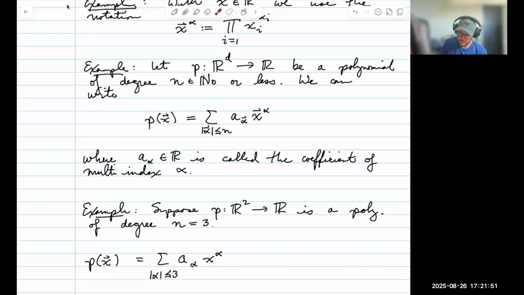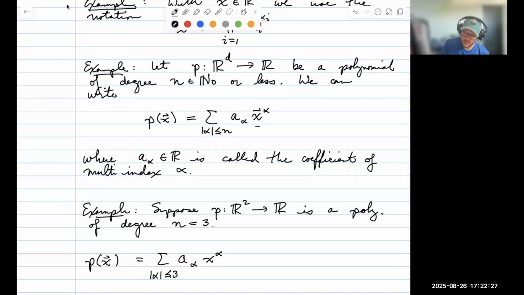So this polynomial can be expressed in a very quick way. It's a sum taken over all multi-indices with order less than or equal to n. That's how you read this: the sum over all multi-indices of order less than or equal to n of coefficients a_alpha times x to the alpha.